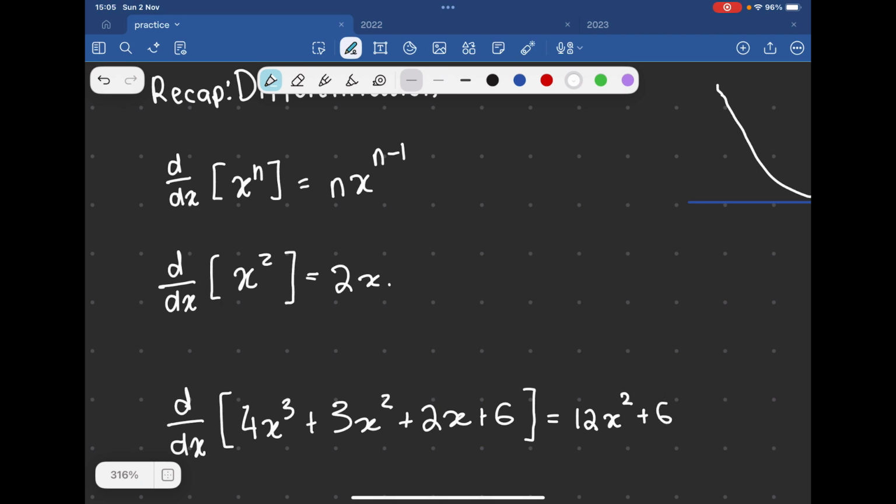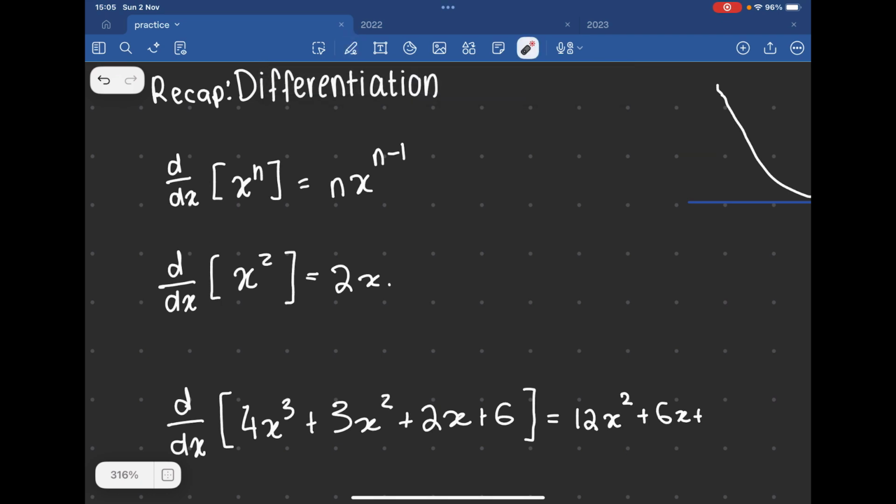So 6x plus, and then when we don't have a power on our variable, it's just going to be to the power of 1. And so if we multiply that, it's going to equal just 2. And then take away 1, it's going to equal 0. So our x variable actually no longer exists. So it's just going to be 2.